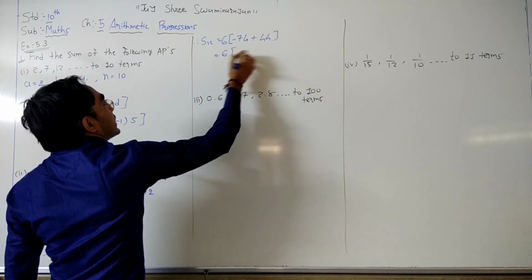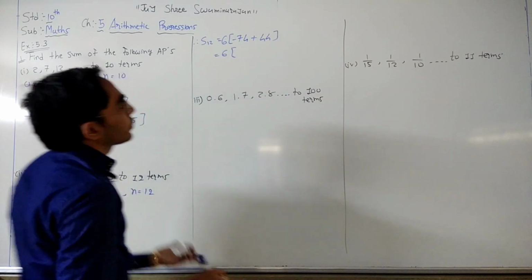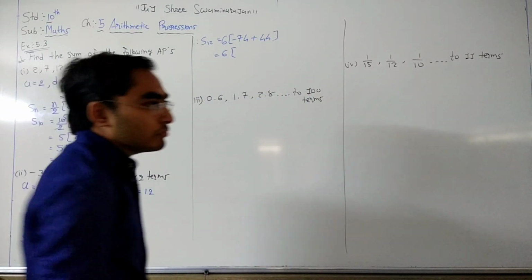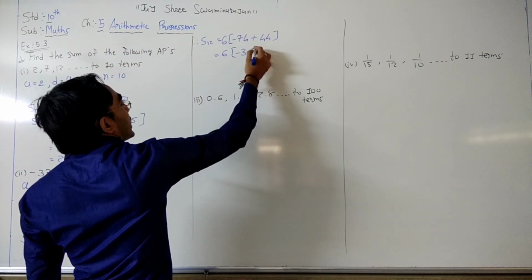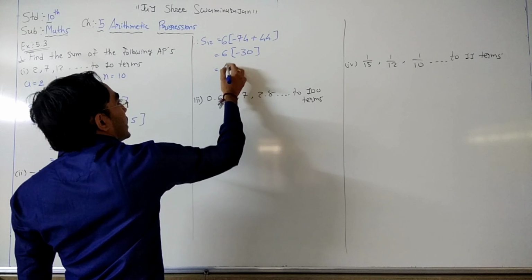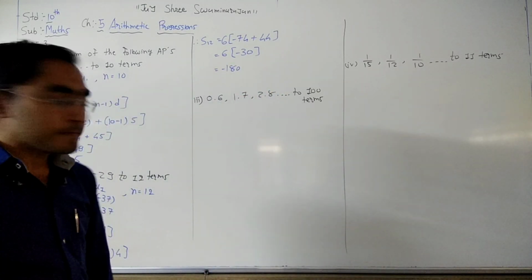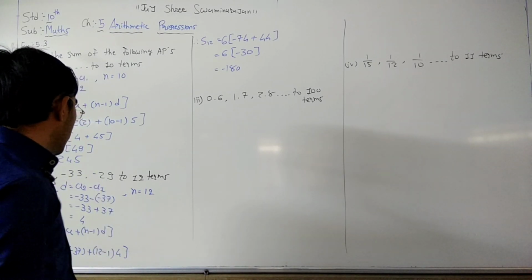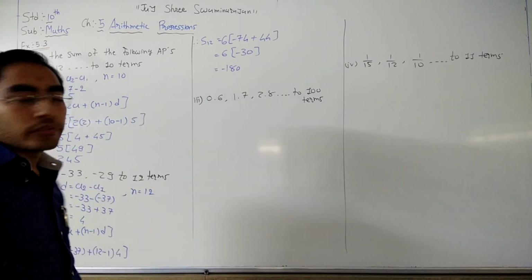So finally minus 74 minus 44, it's a 30. Bigger number 74 has a negative sign, so negative sign, and 6 into 30, minus 180. Okay, so here the addition of the first 12 terms is equal to minus 180.